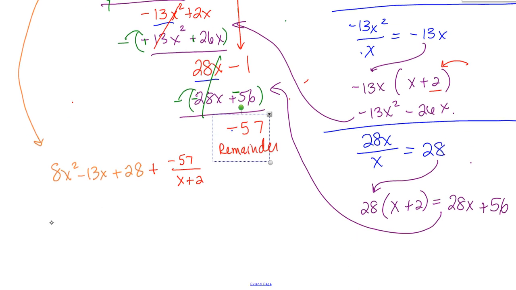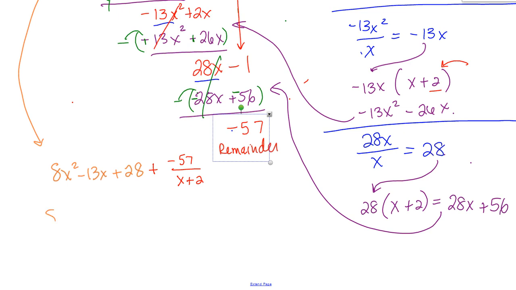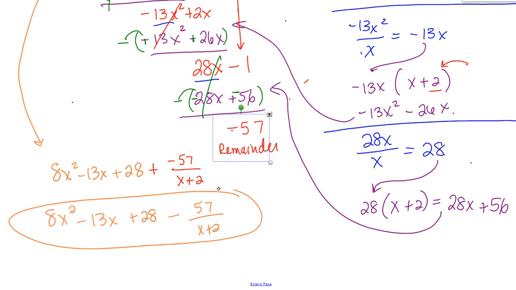Now plus a negative, that's going to be 8x squared minus 13x plus 28 minus, and then you keep your fraction. And that's it. That's the whole process from start to finish. This work thing out here to the side is going to help you keep stuff separated, and then it's this rinse and repeat process. Divide, multiply or distribute, write it below, subtract, bring down the next term, rinse and repeat.